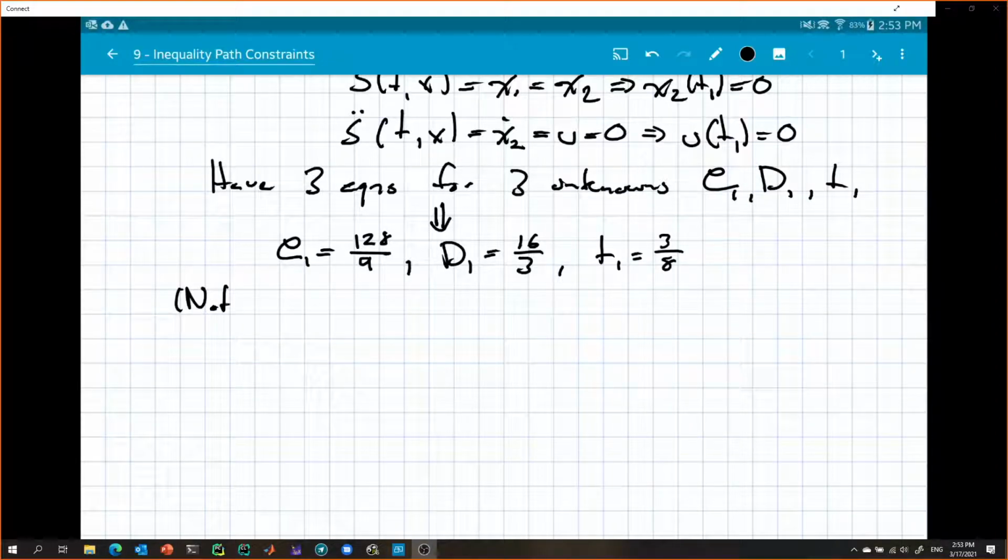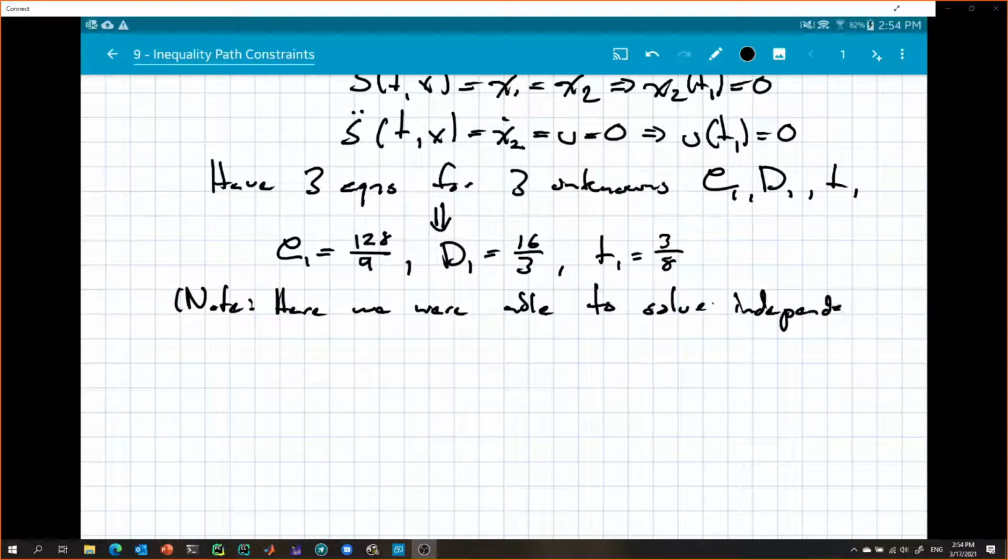And as a side note, here we were able to solve independently of the costates. Otherwise, we would adjoin the interior point constraint.